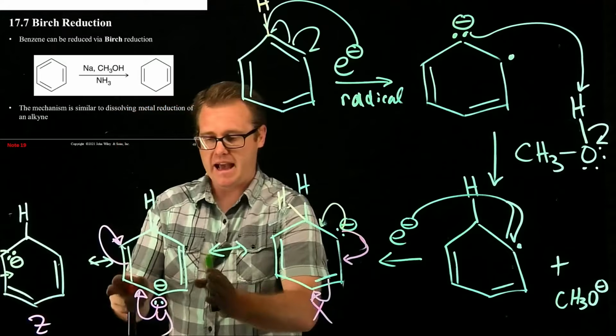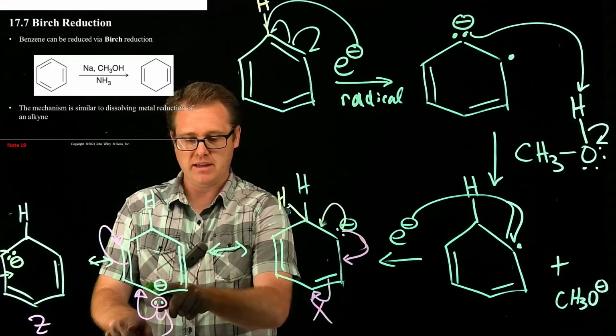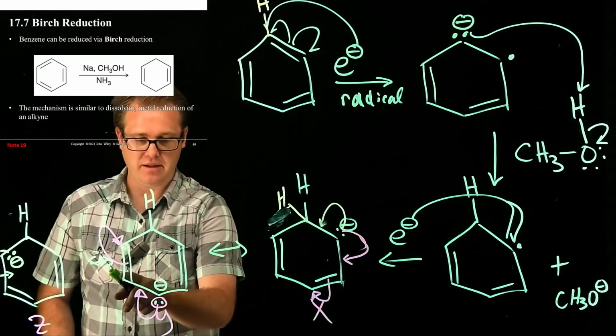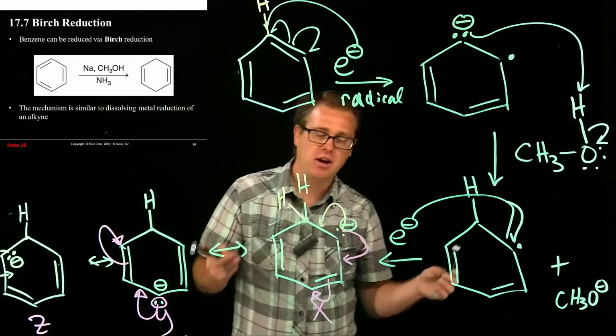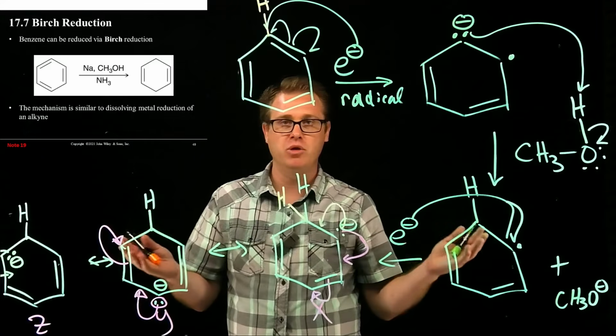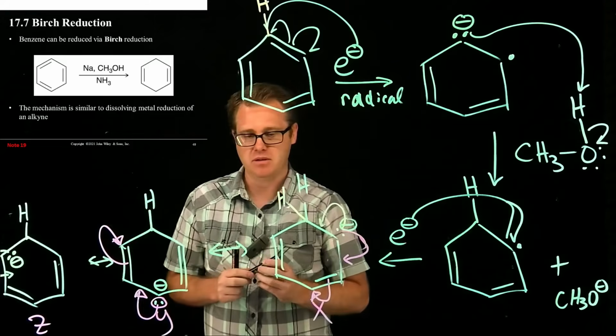But look at Y. This lone pair could resonate to the right, and it could resonate to the left. It has more options. And when electrons have more options of movement, more freedom to move, it lowers their energy and becomes more stable.